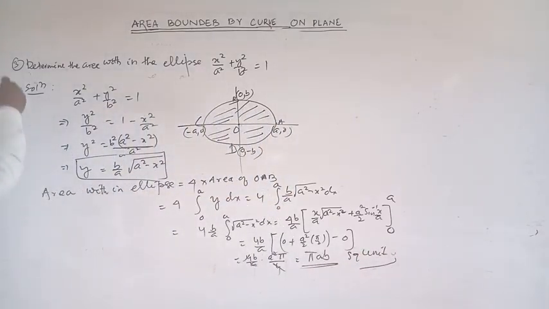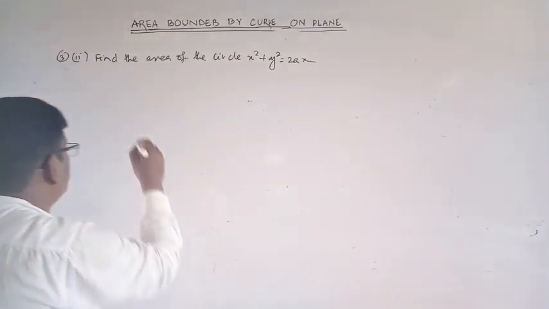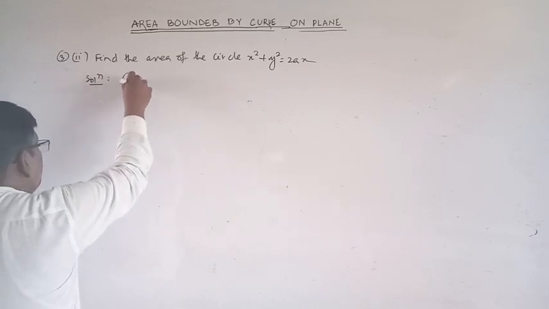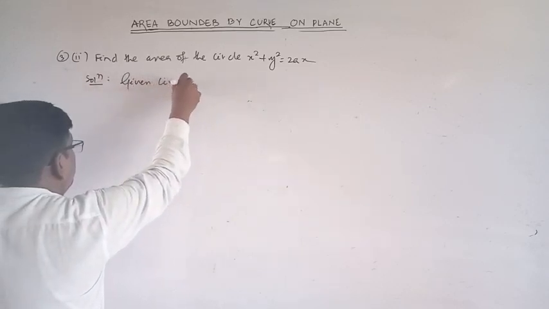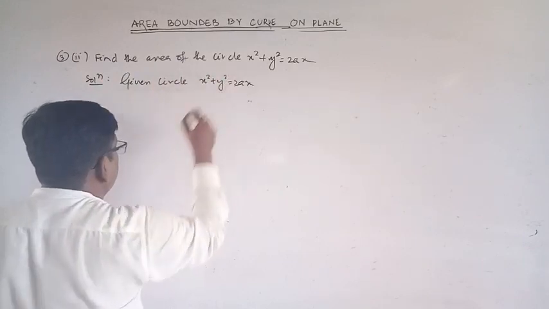This is question number 3, first bit. Now find the area of the circle x square plus y square equal to 2ax. Solution: given circle x square plus y square is equal to 2ax.